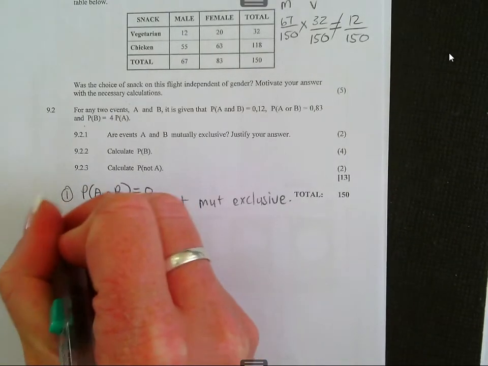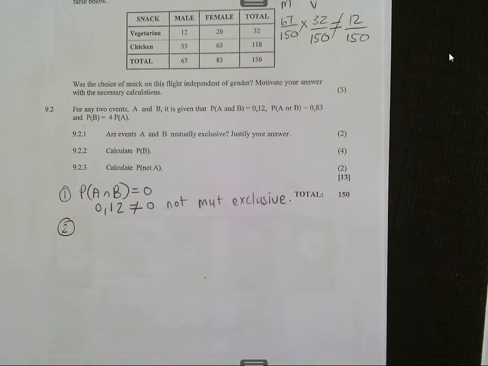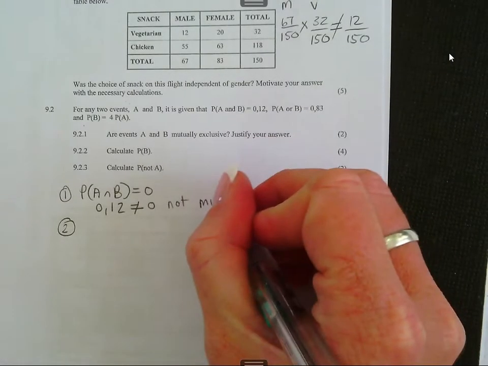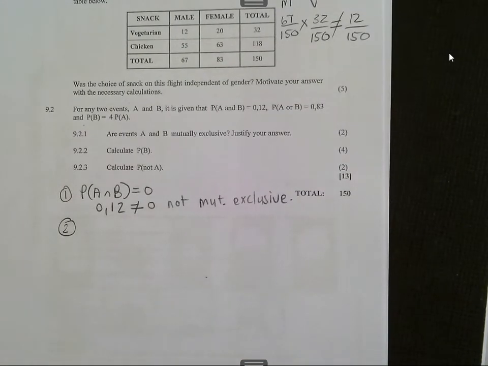The second one is calculate the probability of B. Who wants to try and give us an equation that we can use to calculate B? Let's just look at what we have.